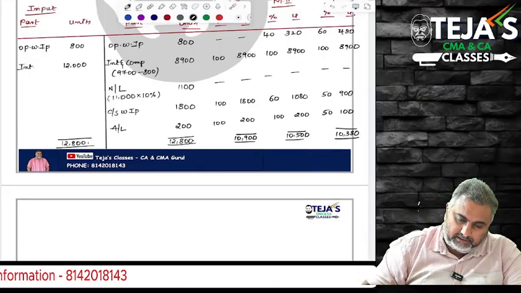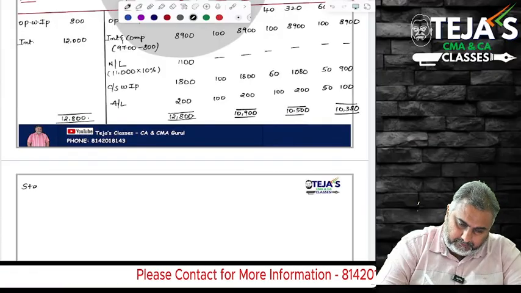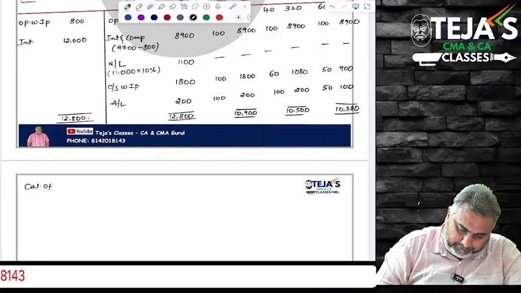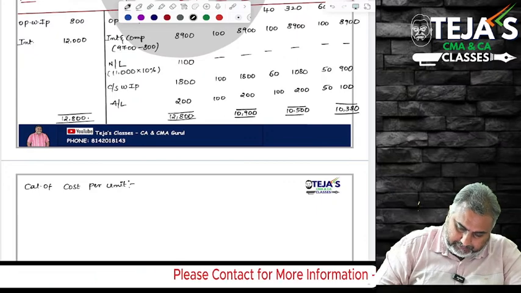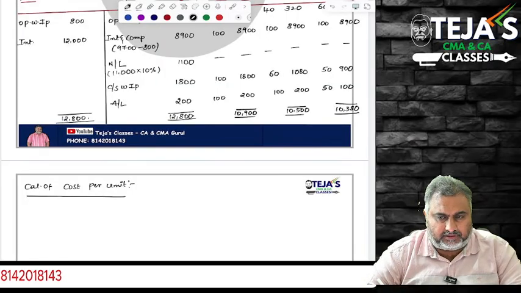Now put the heading, calculation of cost per unit. Calculation of cost per unit.